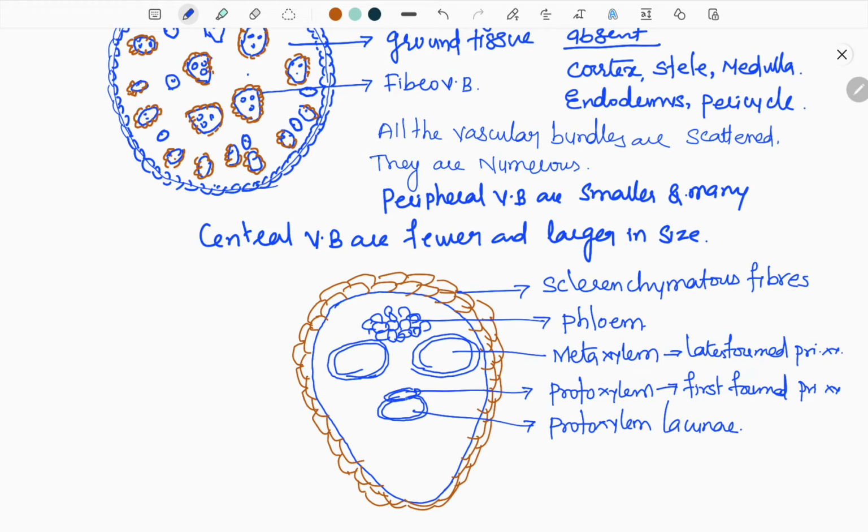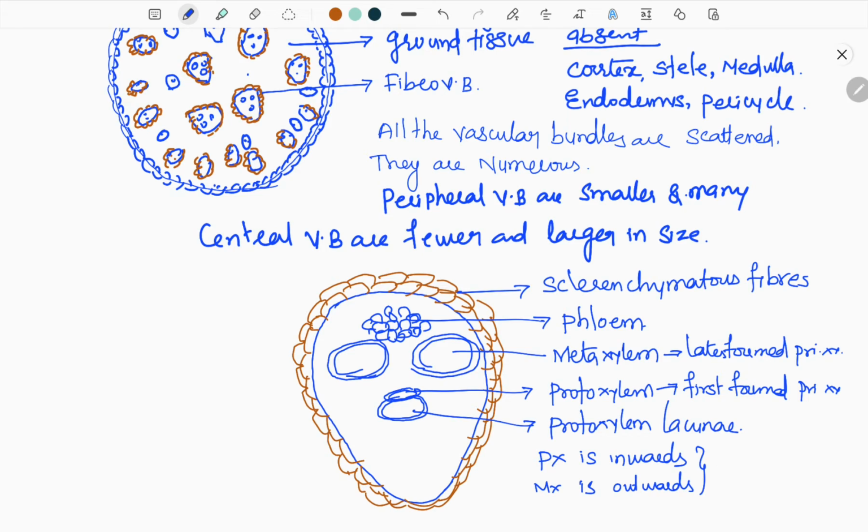You know that protoxylem is inwards, metaxylem is outwards. So we call it endarch. How do you identify the protoxylem and metaxylem?